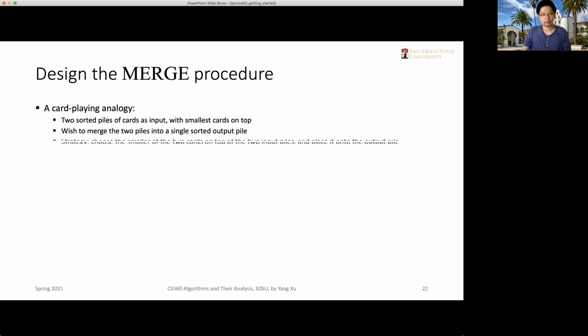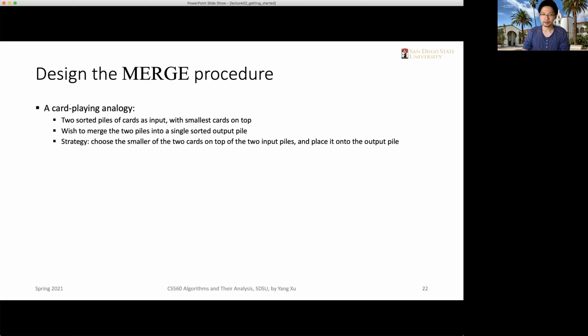What we need to do is take one card from each pile and compare the two cards on top of the two input piles. We always choose the smaller one and place it on the output pile.